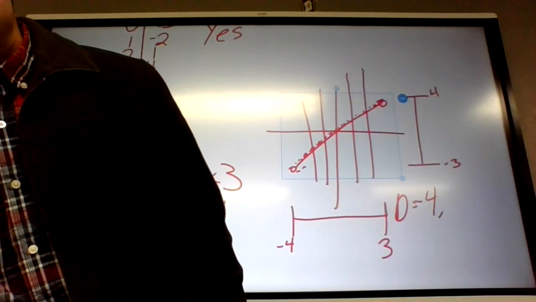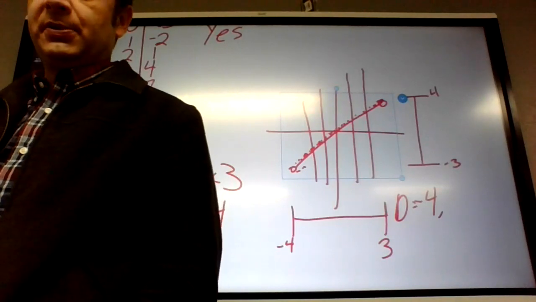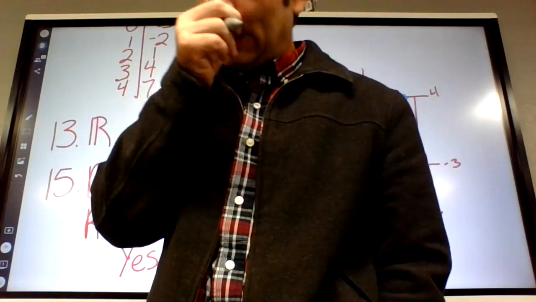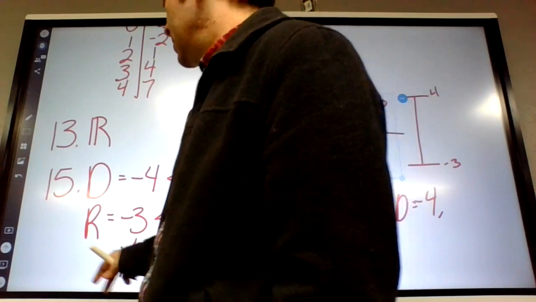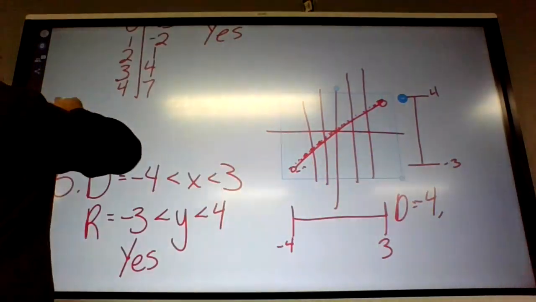All right, 17. Graph the relation. Say whether it's a function. I guess I'll jump to my graph paper.